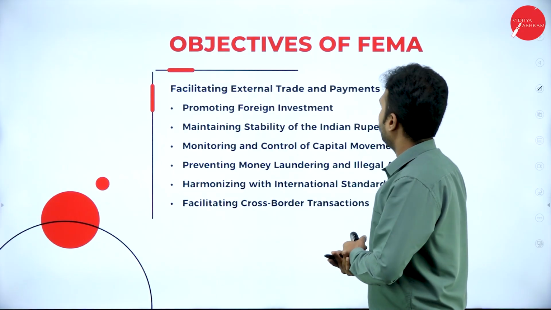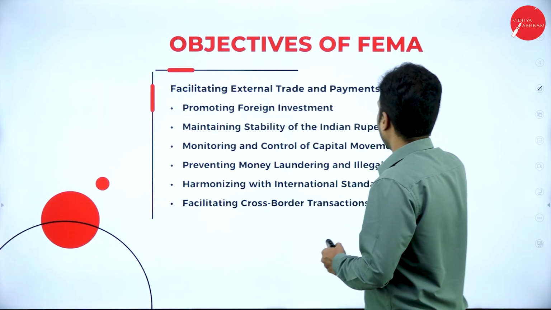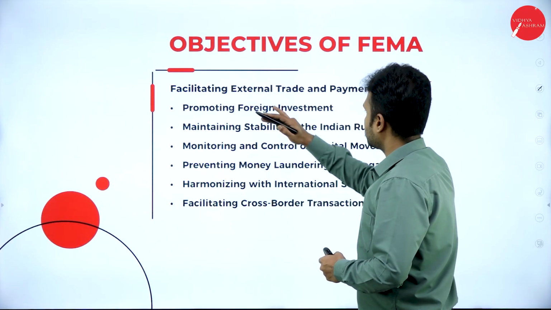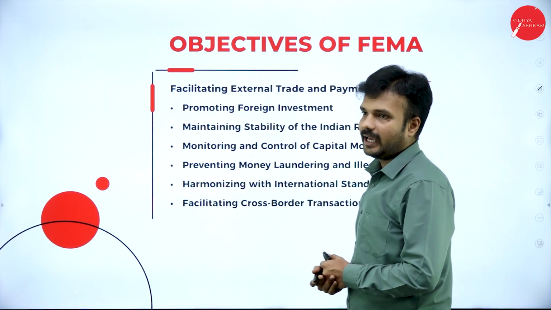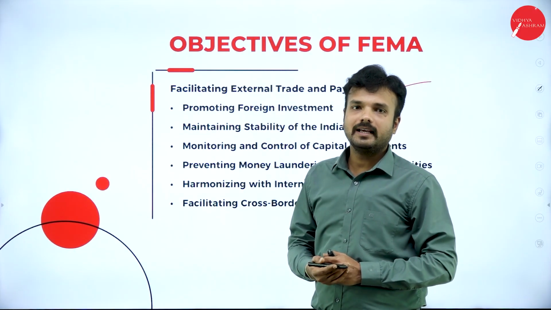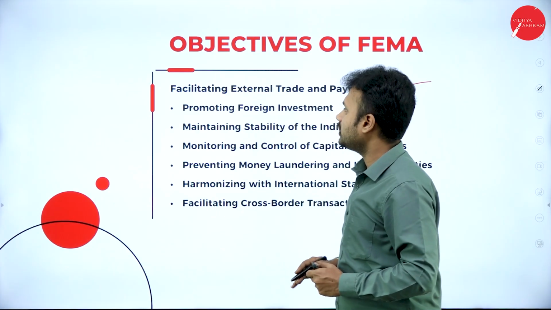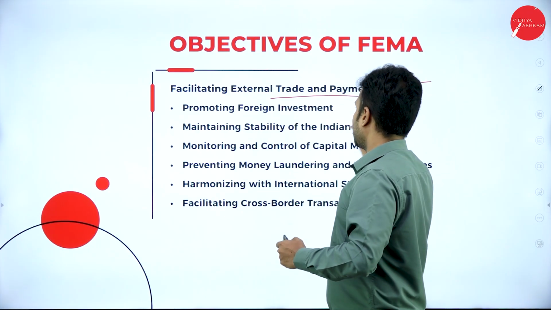The objectives of the FEMA Act. The primary objective of the FEMA Act is to facilitate external trade and payment. This Act focuses on streamlining foreign exchange transactions and facilitating smoother trade and payment facilities.